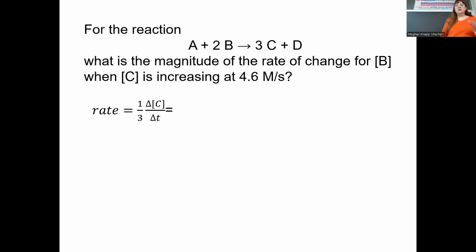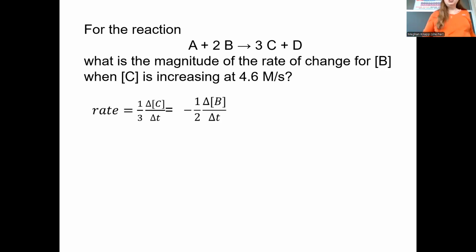Okay, so here's a general reaction. In this case, instead of lowercase letters, we actually have coefficients. Remember, ones are invisible, so the coefficient for A and for D is a 1, it's not 0. All right, so we want to know the magnitude of the rate change for B. We already know that C is increasing at 4.6 molarity per second.